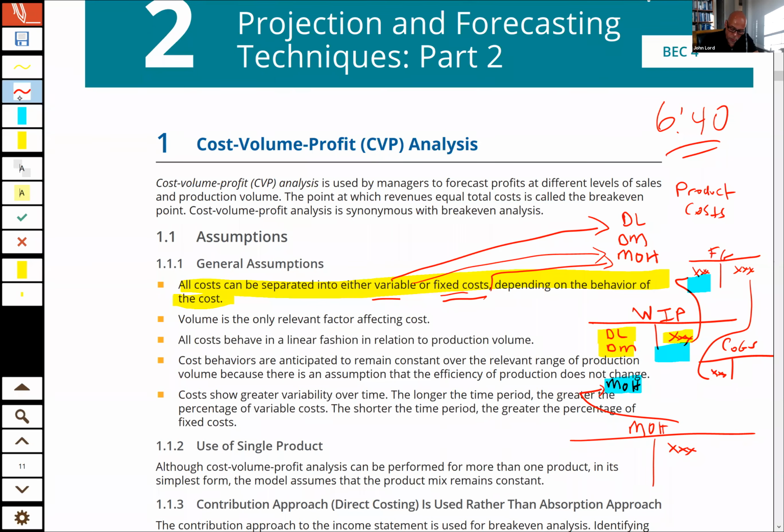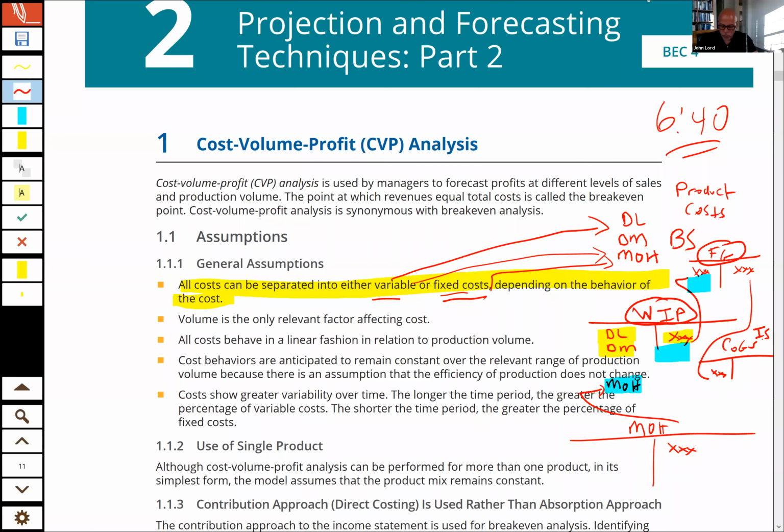Where do we report work in process and finished goods? What financial report? Say balance sheet. Yeah, they're inventory items. They have future economic benefit. Good. These are reported on the balance sheet. Cost of goods sold goes where? P&L. Income statement.